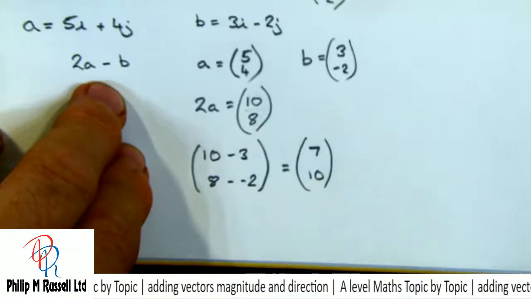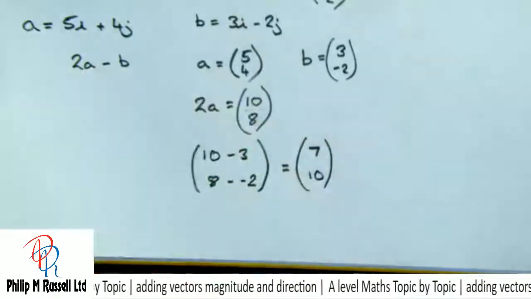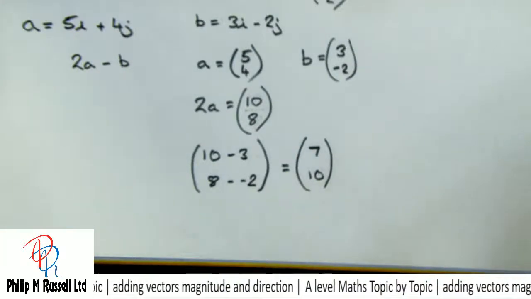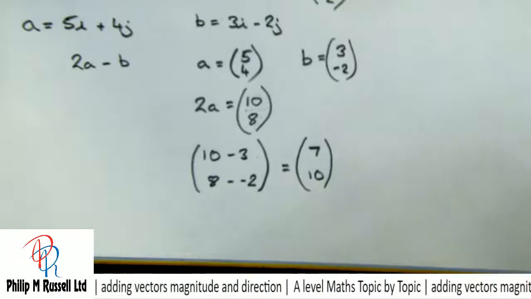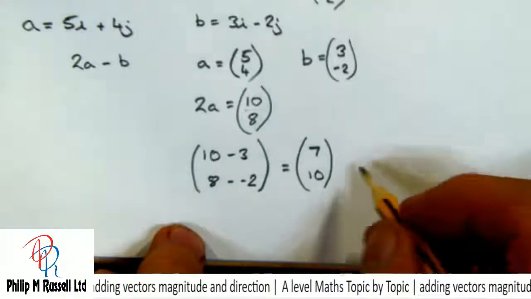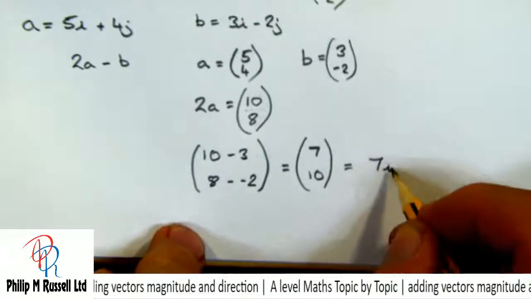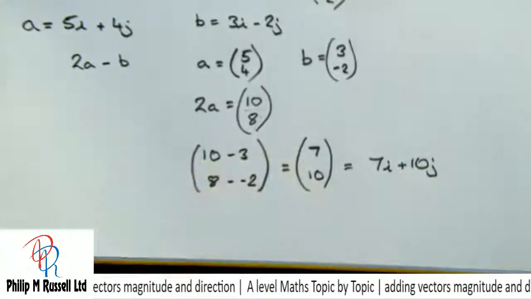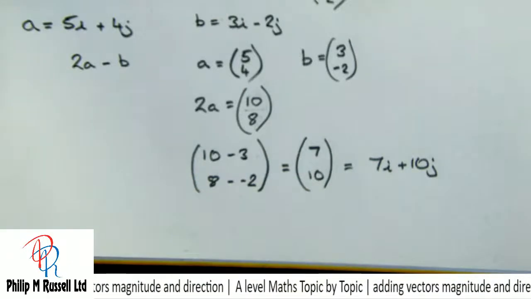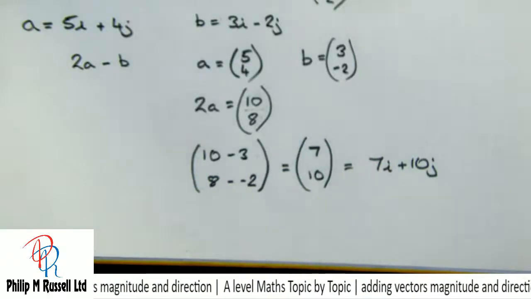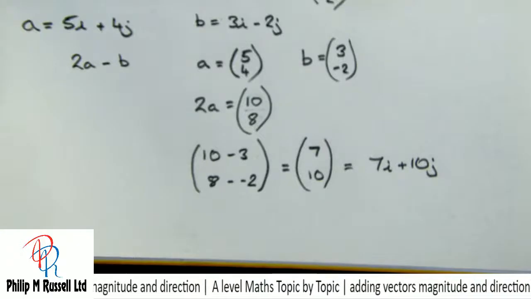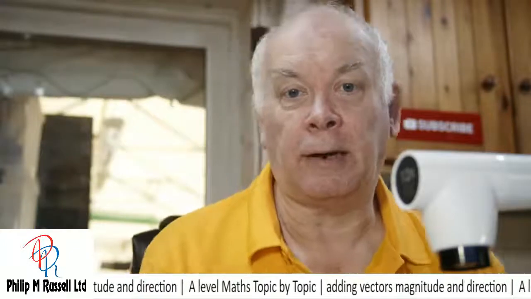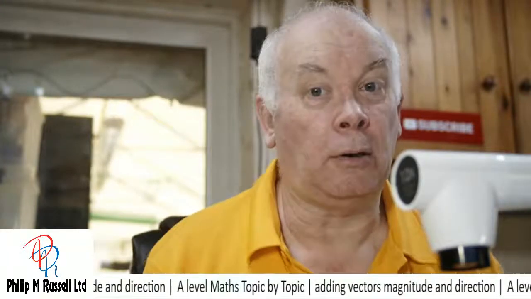It might be okay to leave it like that, and it might not be. We might want to represent that as 7i plus 10j. We can put things back in whatever order we like. Depends on the question really, whether we think that that's appropriate or not.